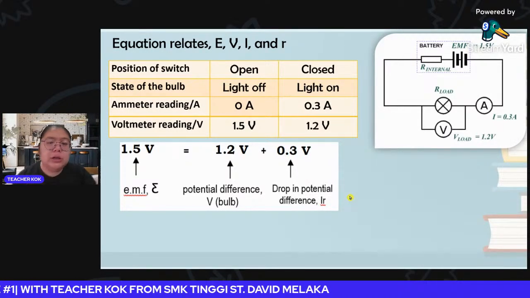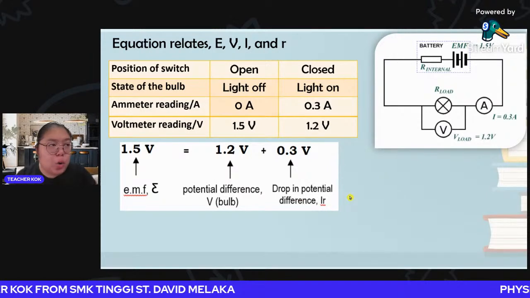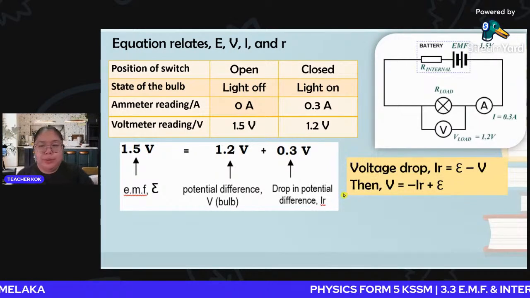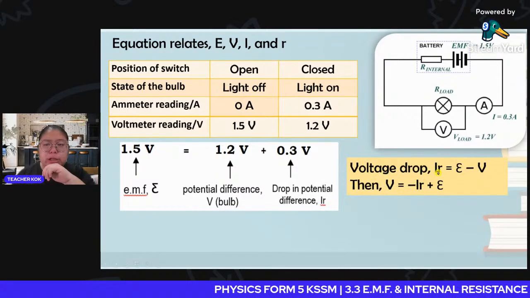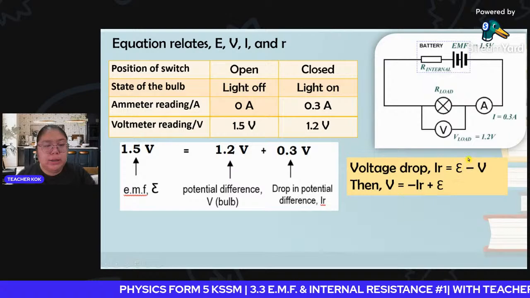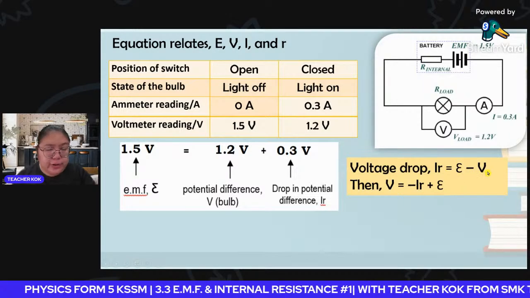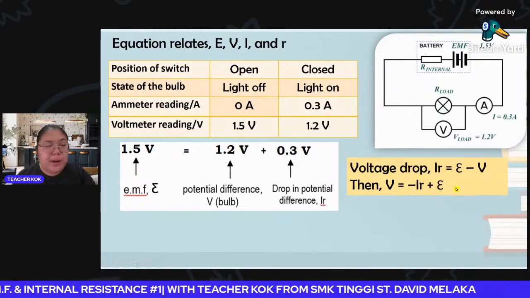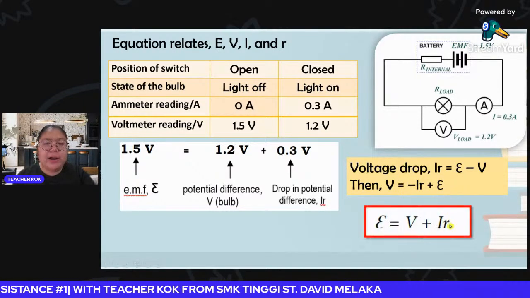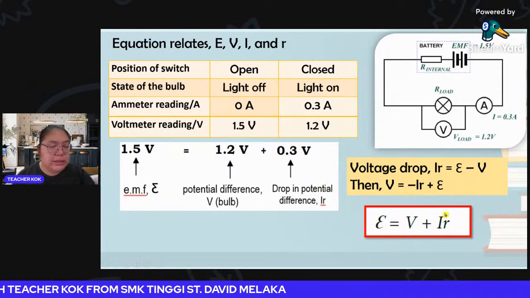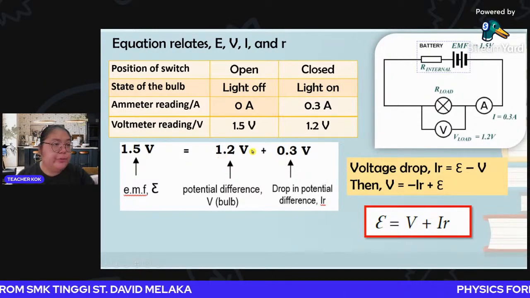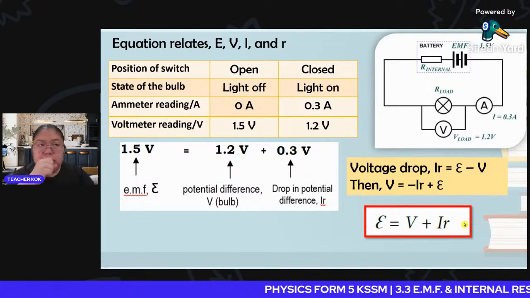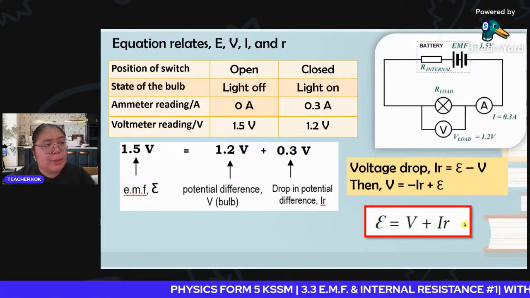Now I need to join the whole thing into one formula. So the voltage drop equals the EMF minus the potential difference. The potential difference you can also write as negative Ir plus EMF. Finally, EMF is equal to the potential difference plus the voltage drop. This is important for the EMF equation.